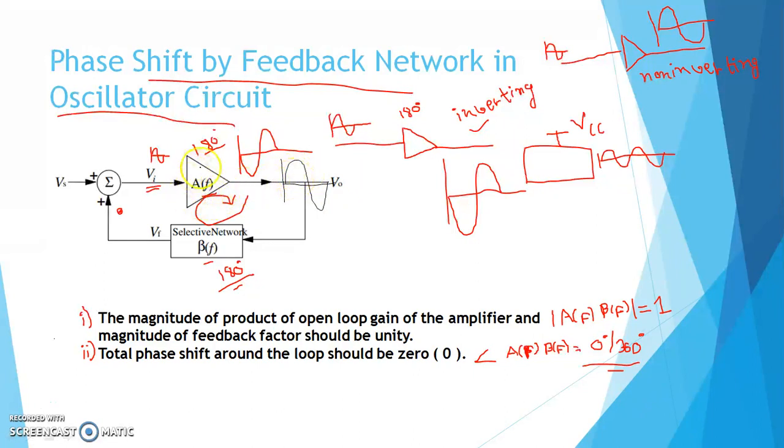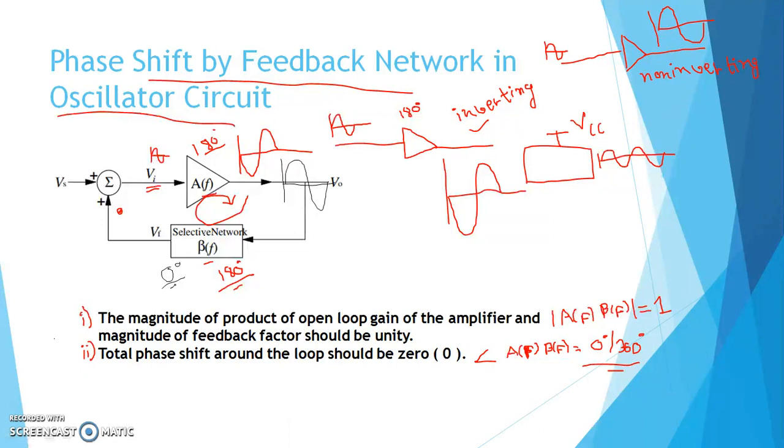Now see, as the phase shift offered by this basic amplifier, that is AF block, is 0, basically. Clear? So basically to maintain total phase shift 0, obviously the frequency selective network must provide the phase shift of 0 degree. Then only 0 degree plus 0 degree will become 0 degree. That means no phase shift.